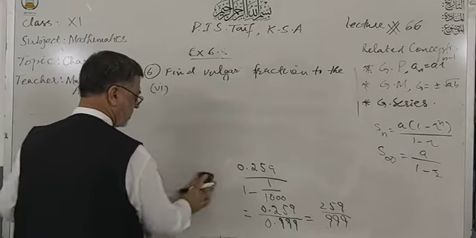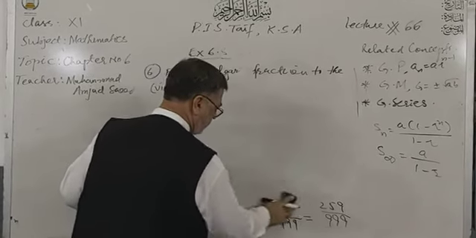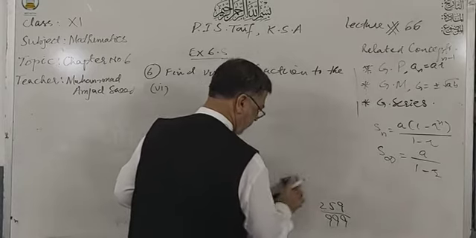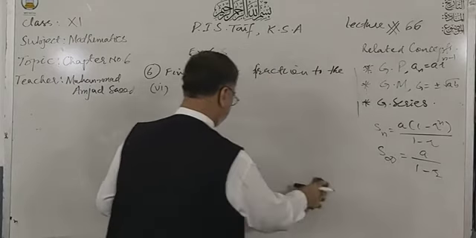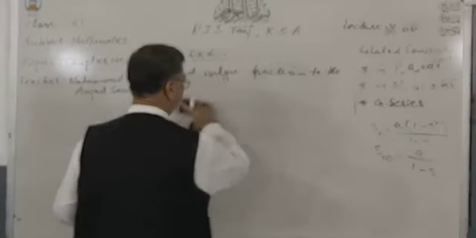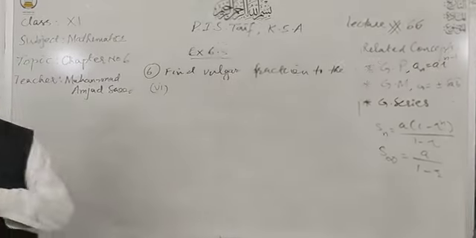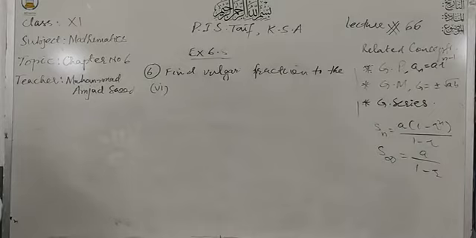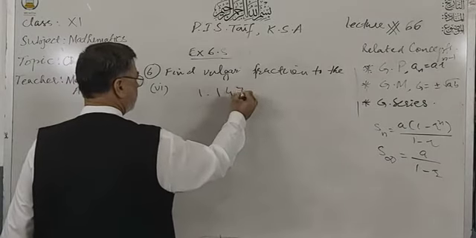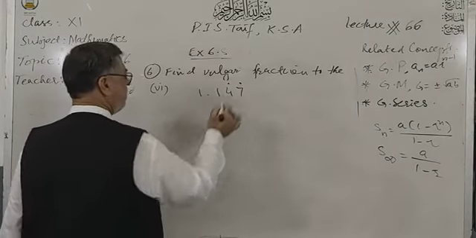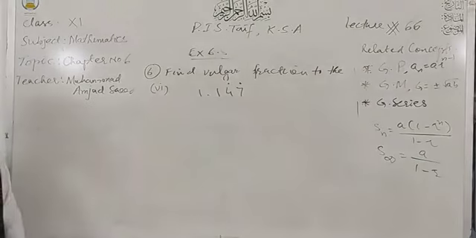In part number 6, you have multiple digits, some with recurring and some without recurring positions. For example, we have 1.147 with dots on 4 and 7.